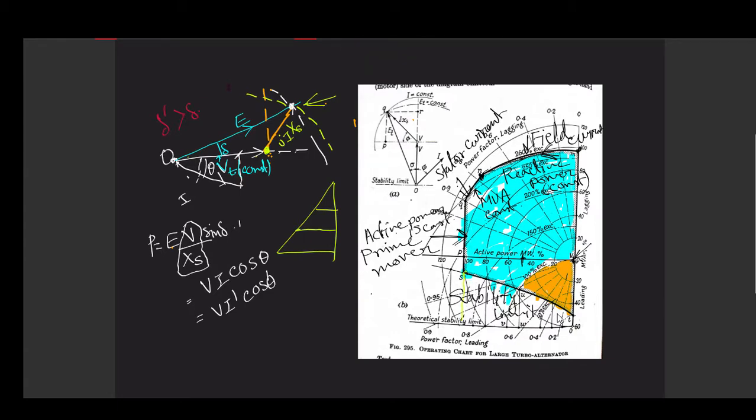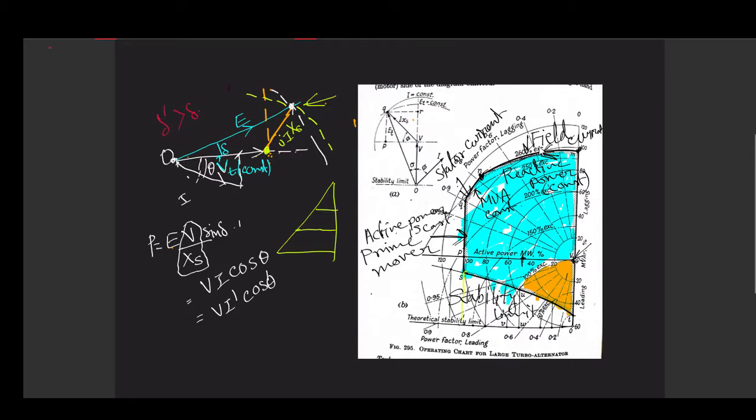For each value we subtract the short circuit impedance term, and then we consider that working stability is at least 10% less than the theoretical stability limit, and we keep on subtracting and get this value.